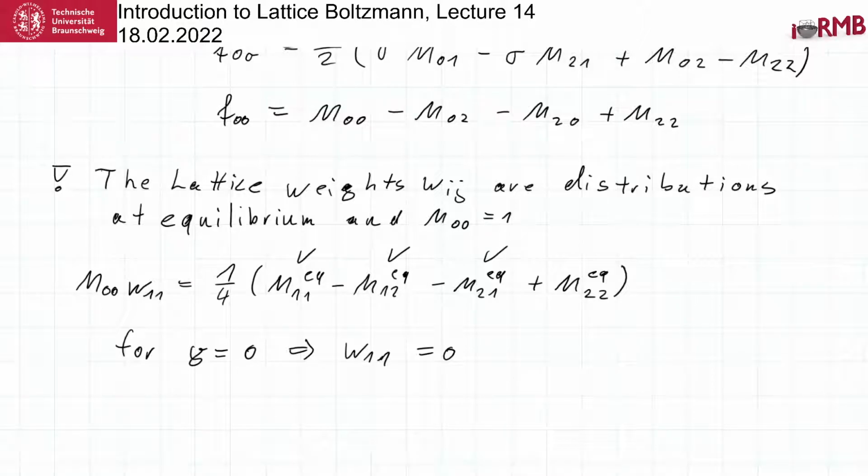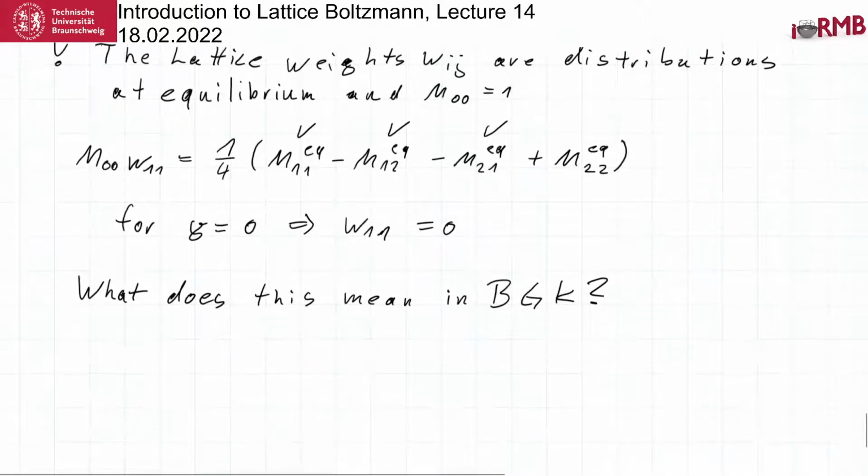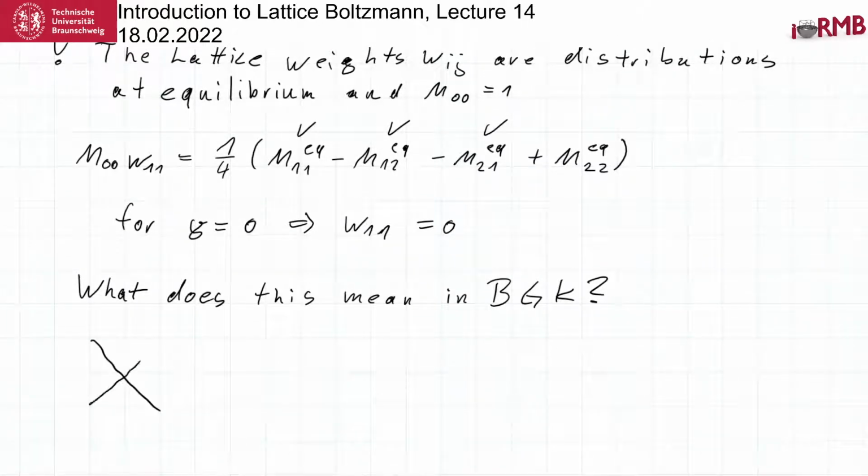So what does it mean? What does this mean in BGK? Well, so this is our D2Q9 lattice. And we are now talking about the guys here in the diagonal, right?